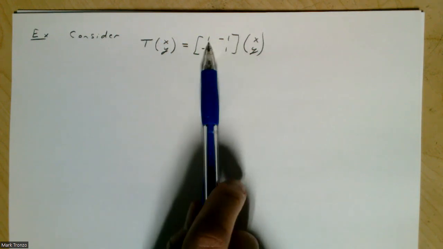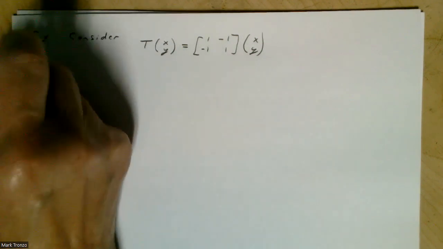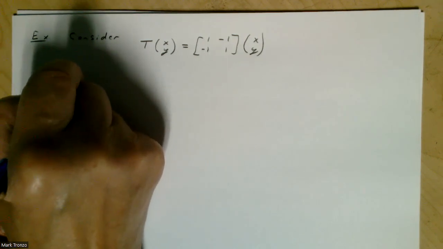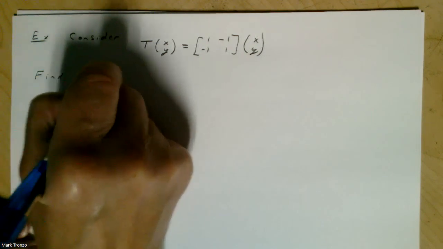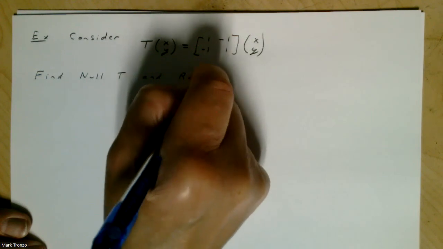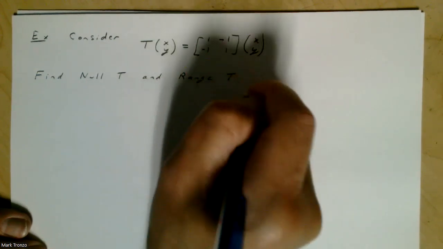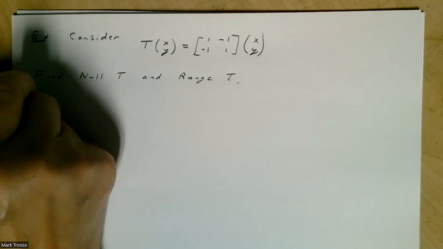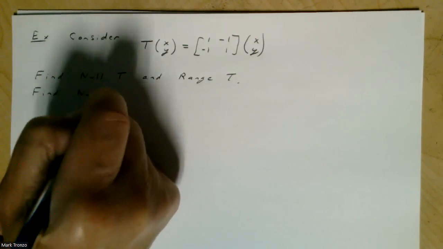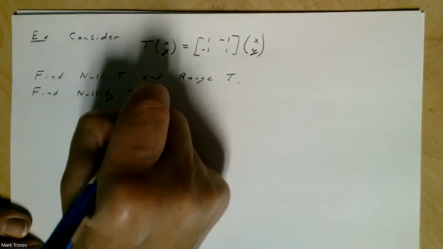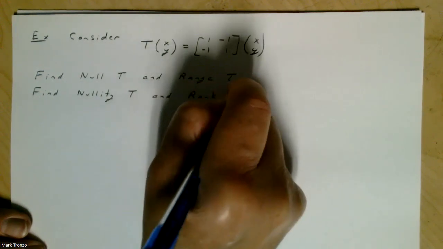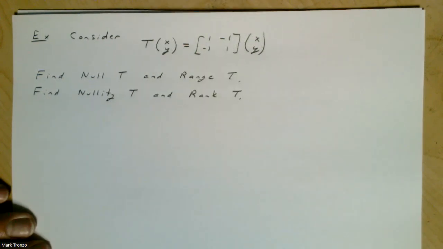You can consider this your matrix A, and find the null space of this transformation and the range of T. Also, we'll find the nullity of T and the rank of T. So let's take a look at this.